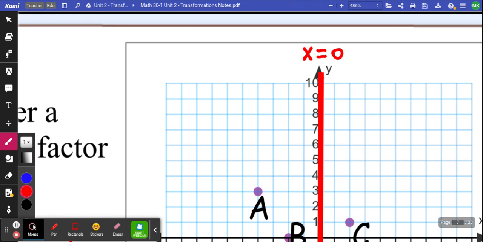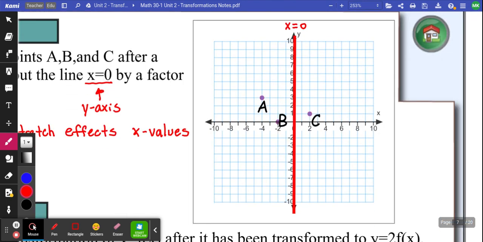That's why when I'm saying x equals 0, I'm talking about the y-axis, because it's all the points in which x is 0. Oh, that makes sense. Yeah, that helps a little bit. I was wondering why we were talking about y-axes. So when it said x equals 0, the reason it's the y-axis is because these are all the spots where there's an x value of 0. The y is changing, but the x is always 0.